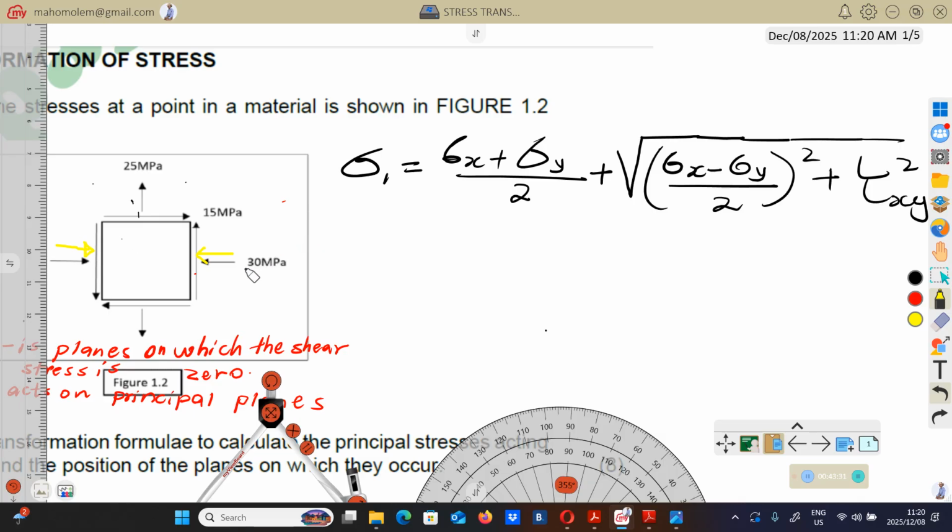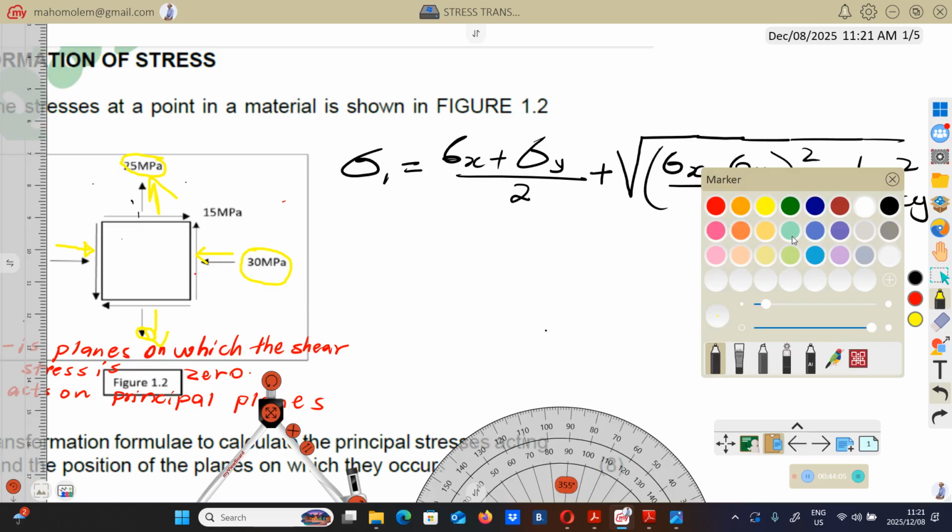So when you apply stress on this side, there will be a reaction stress on the other side of the same magnitude. The same thing applies when you pull a component: for it to be in a state of equilibrium, when you apply a force in this direction, there must be a force in the opposite direction. So that's why when you have 25 here, you will have the same 25 in the opposite direction.